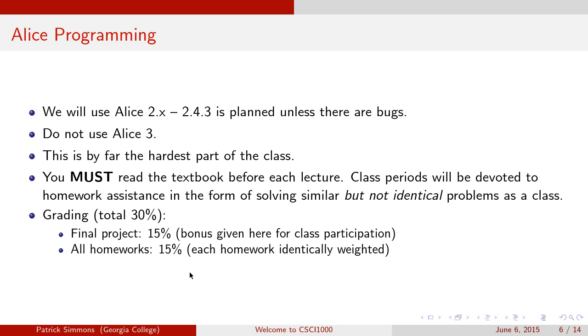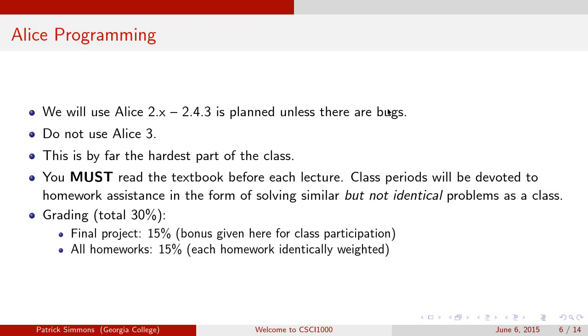The final part of the class is Alice programming. We're going to use Alice 2.4.3 unless there are significant problems. We are not using Alice 3. Do not use Alice 3. It's incompatible with Alice 2. Alice 3 is more complicated than Alice 2.